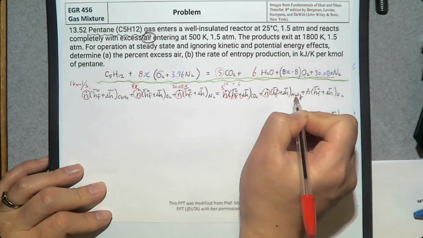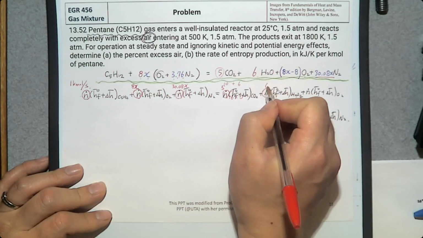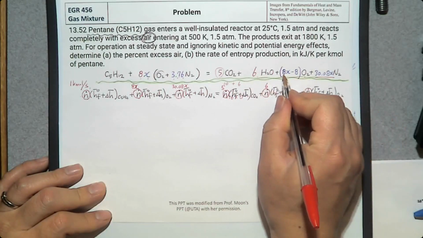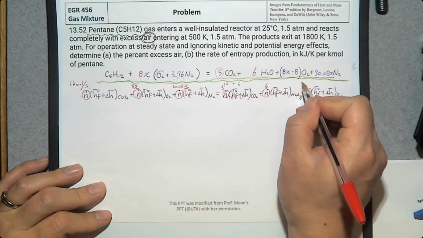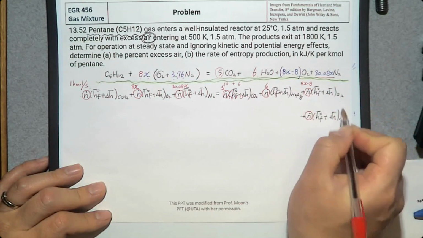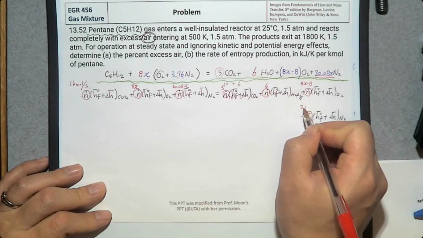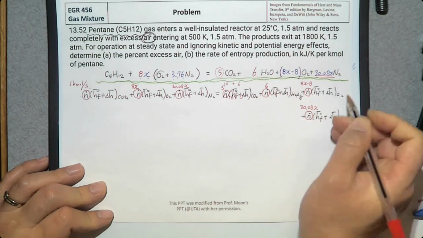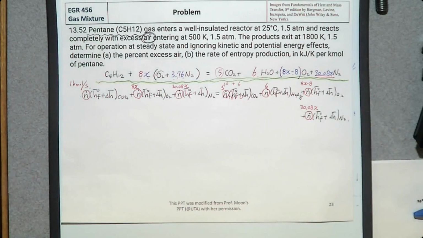N dot for water vapor, 6. N dot for oxygen in the product, 8 times X minus 8. N dot for nitrogen, 30.08 times X. So we have X in this energy balance equation.